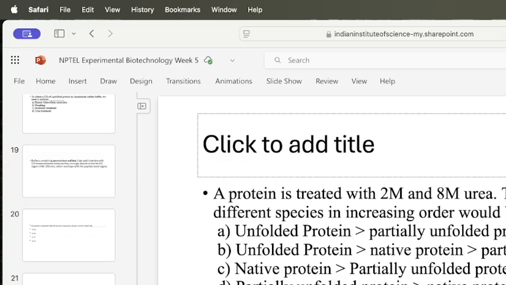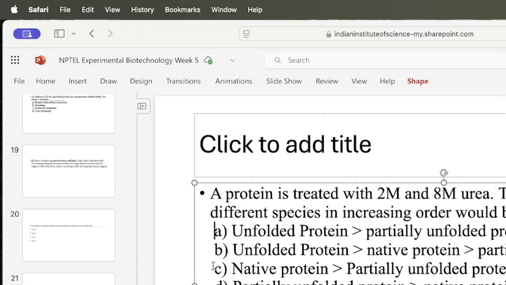So your native protein will have a particular retention time. A fully unfolded protein will have a particular retention time, and your partially unfolded protein will be in between these. So if we go according to that, either option A or option C is the right one.